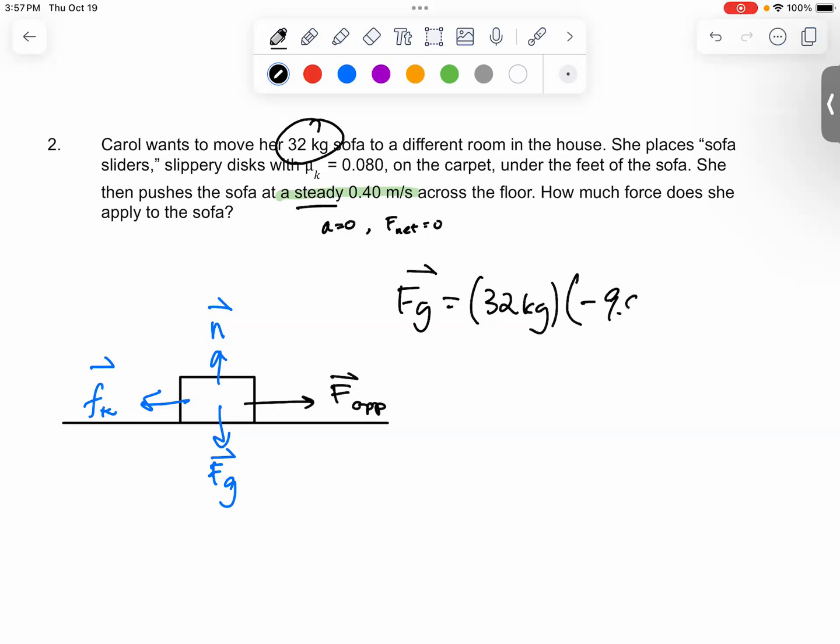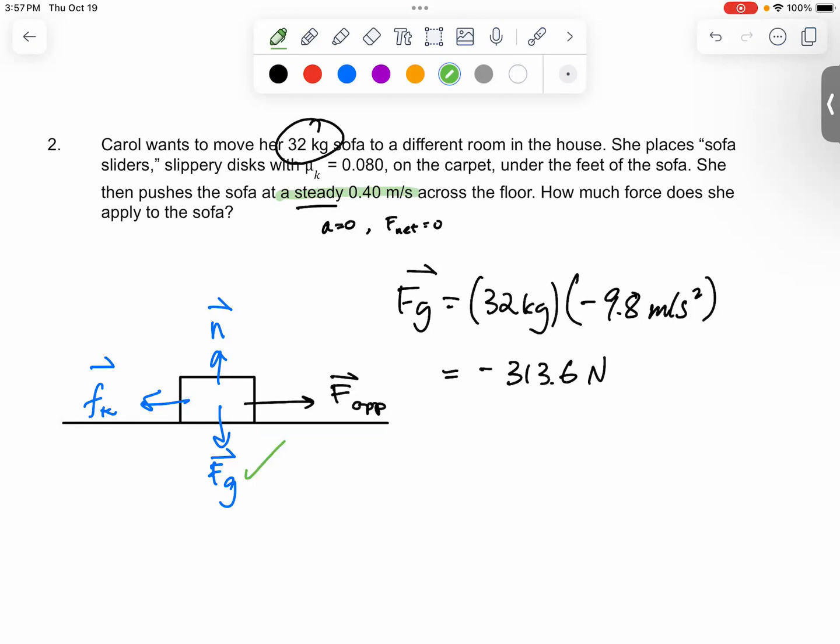That is just on a flat surface, so no need to worry about any trig function. So 32 kilograms times negative 9.8, so you have a negative 313.6 newtons. You may round it to 314. Technically, if you use significant figures, it would be 310, but let's just go with this for now. So we've got ourselves the force due to gravity.